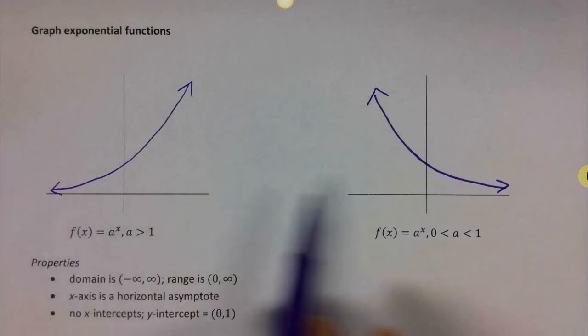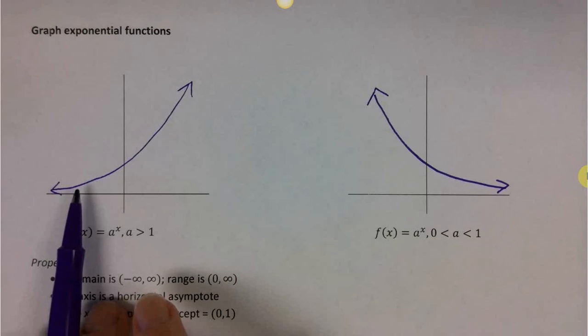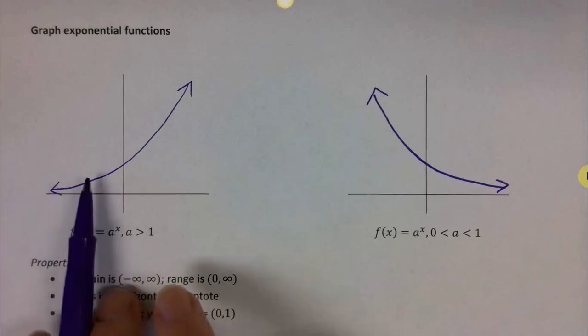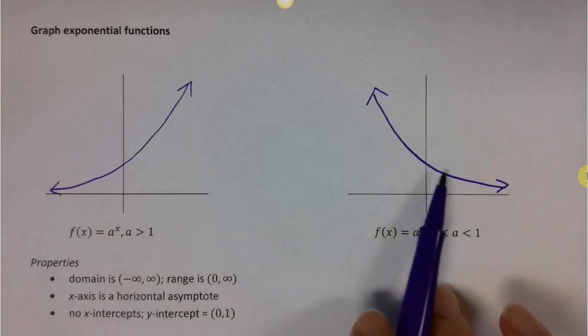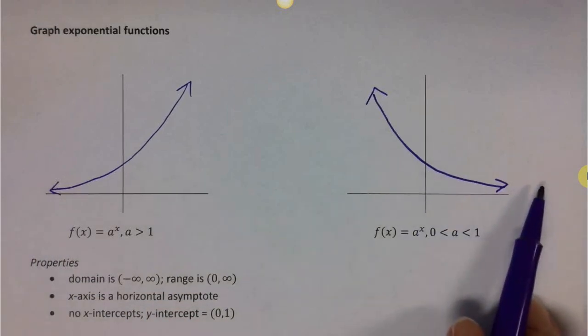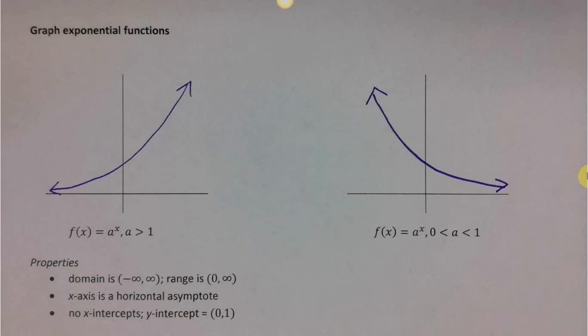And also in both of these situations, our graphs are getting closer to the x-axis, in this case as we go off to negative infinity in the x values, and in this case as we go off to positive infinity for our x values. We're getting closer and closer to that x-axis, but we're never going to actually touch or cross the x-axis, which means that the x-axis serves as a horizontal asymptote for these functions.